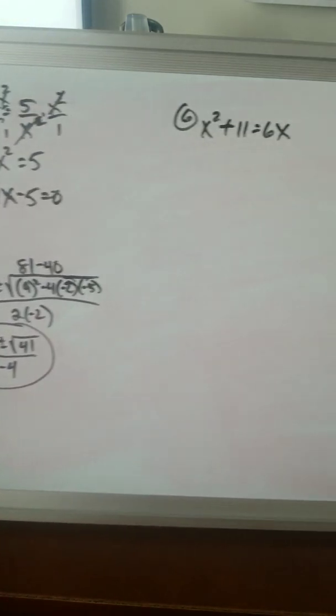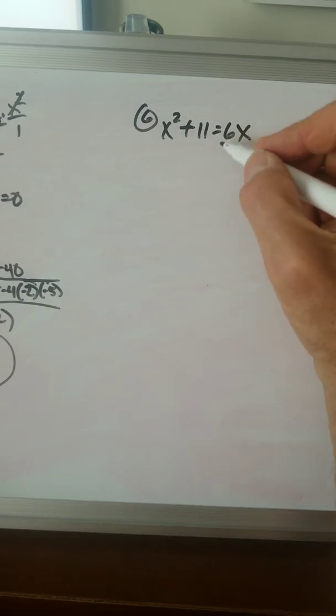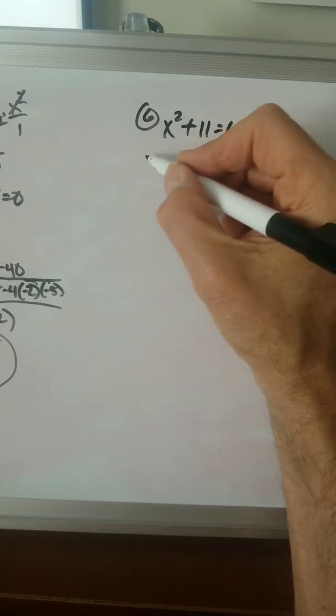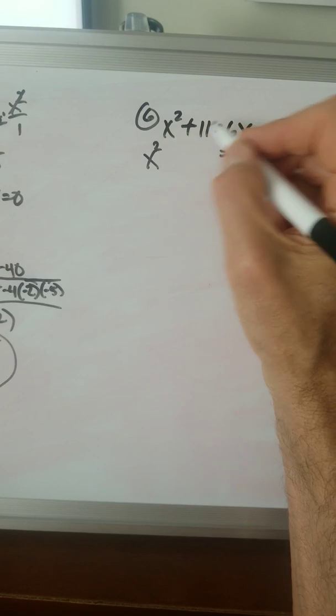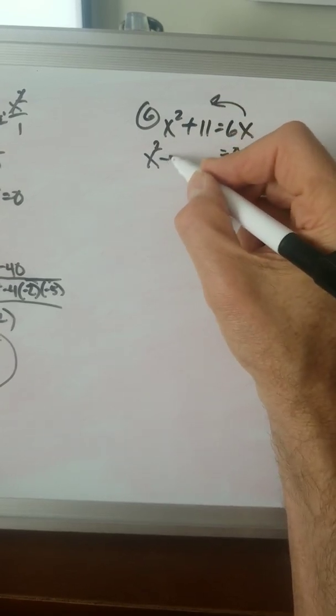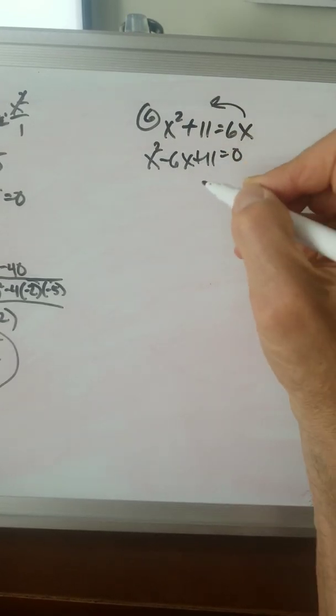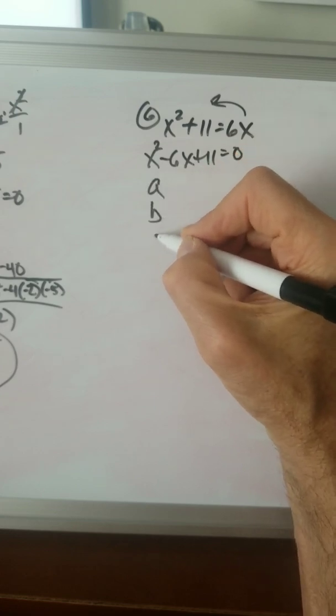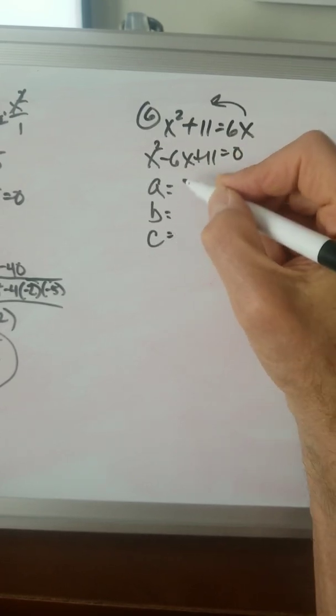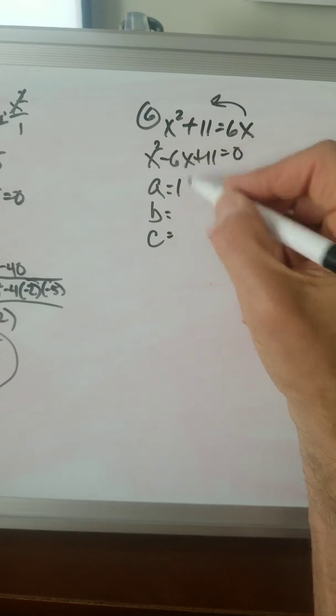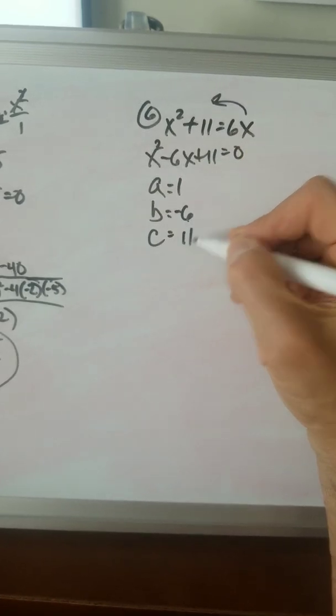Okay, one more. What if it's not equal to 0? Make it equal to 0. x squared, move the 6x over. Make it negative 6x plus 11. A, B, C. You could have an invisible 1. 1, negative 6, 11.